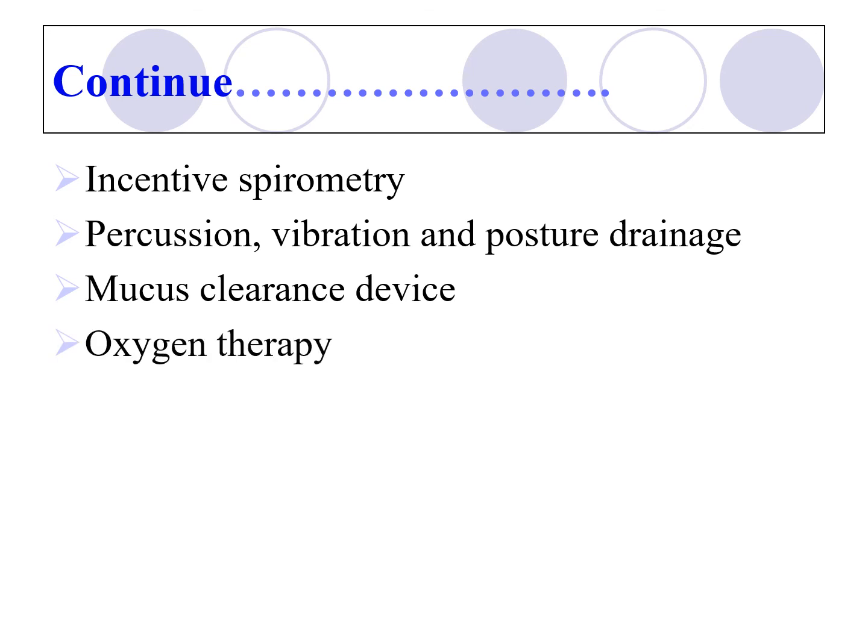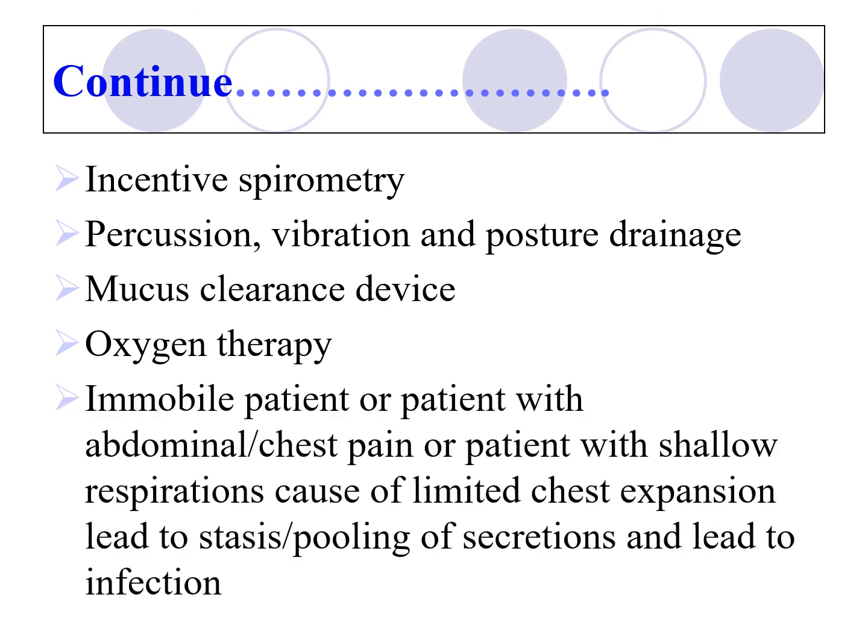Oxygen therapy can be used to maintain an adequate amount of oxygen to the lung. An immobile patient, or a patient with abdominal or chest pain, or a patient with shallow respiration, has limitation of chest expansion, which leads to stasis and pooling of secretion, and leads to infection.